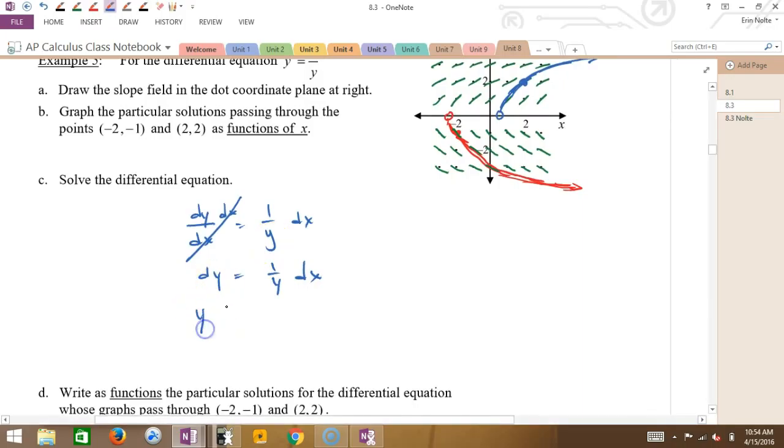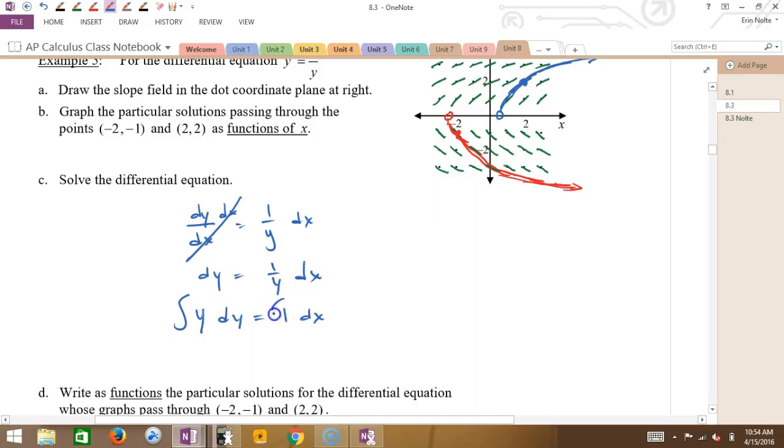So I get y dy equals 1 dx. Good there? Why are you putting the 1 there? Because it's easier if I have nothing there. What's the integral of nothing? What's the integral of 1? That makes sense, right? That's why I keep it there. I always keep a placeholder.